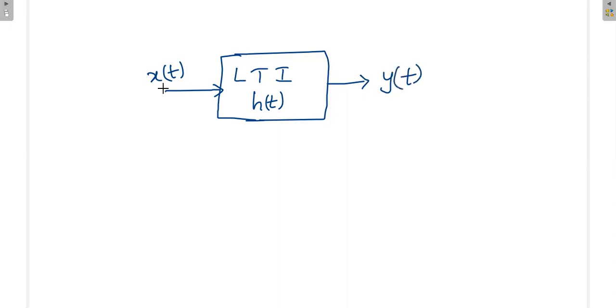x of t is the input signal, y of t is the output signal, and h of t is the impulse response of the system, that is, it characterizes the system nature.